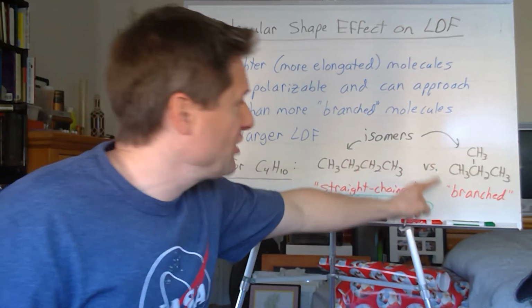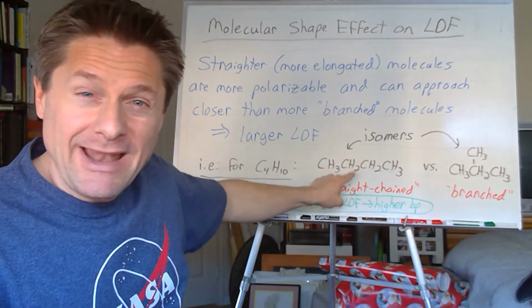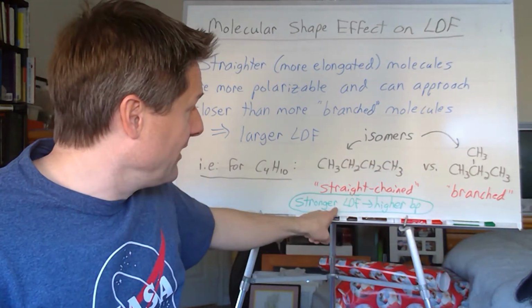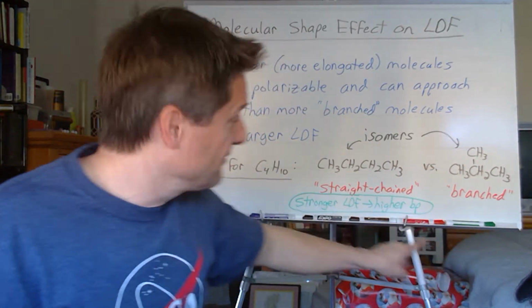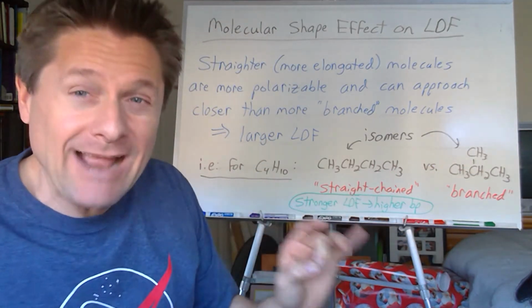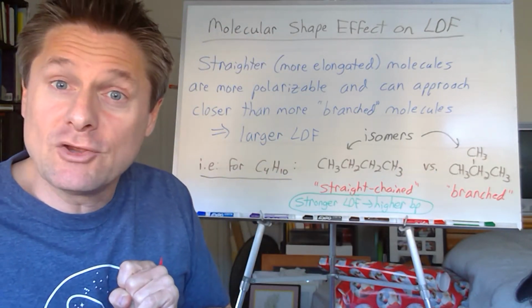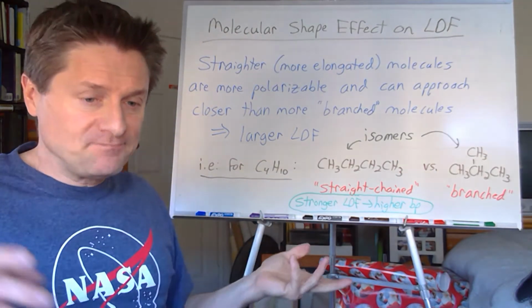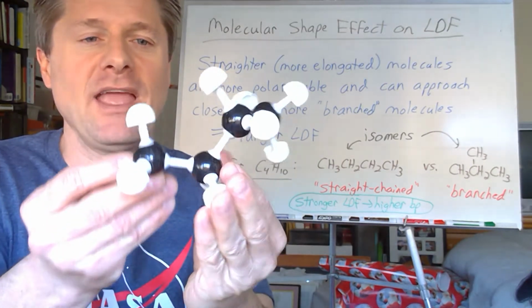The carbons are in a straight chain, where this one has a branch coming off. So I'm going to show you some models on how these stack differently. But this one is going to have stronger London dispersion forces than the branched one. So we would expect this one, even though exactly the same molar mass, to have a higher boiling point than the branched one, and you can go measure those, right? So let's take a look at the straight chain. So this is C4H10, right?